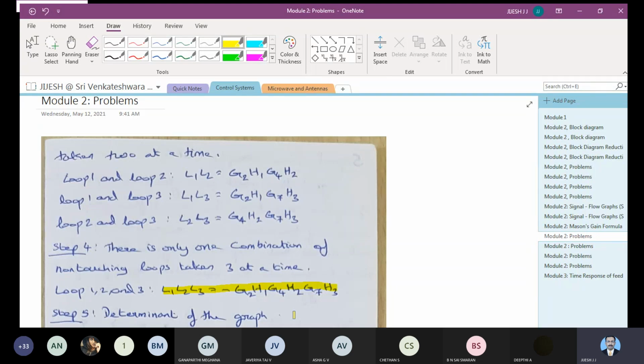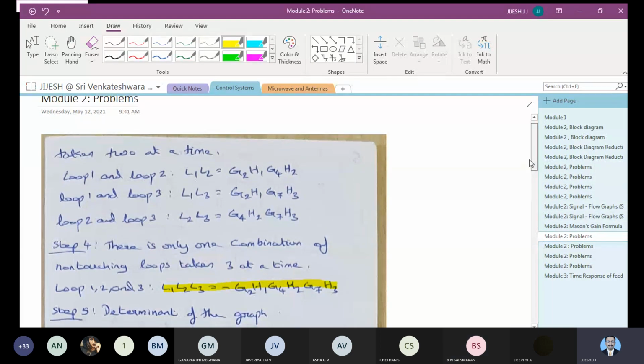So you should be careful in selecting the forward path, and careful in selecting the number of loops and non-touching loops. First step is the forward path, then find the loops. Then you have to see which two loops are not touching each other, then which three loops are not touching each other. So till here it's clear for everyone? Yes, sir.